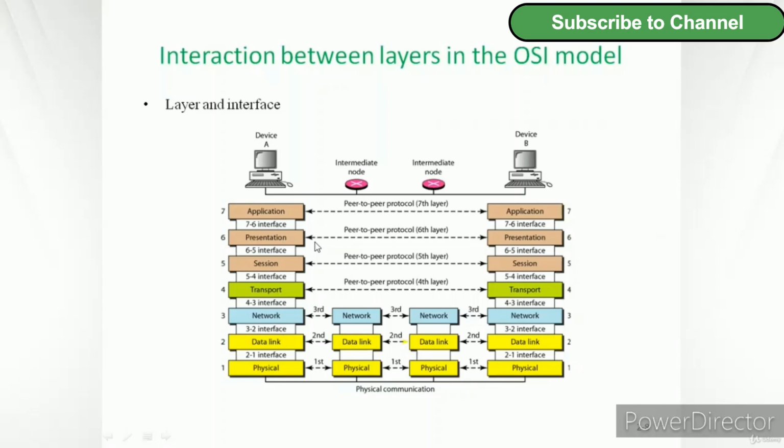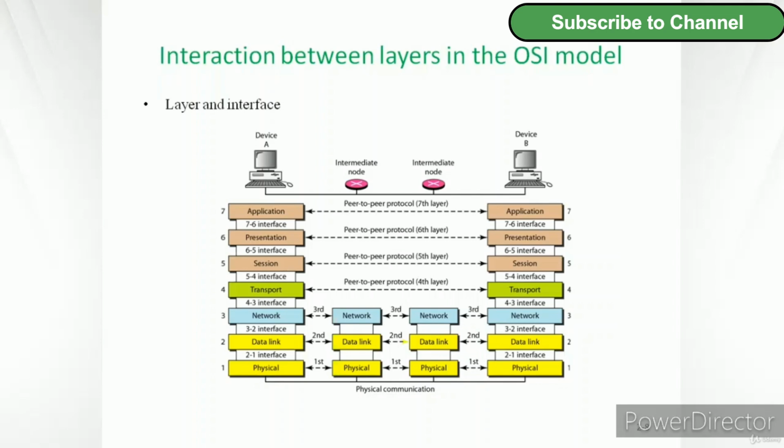Here the network is organized in a series of layers, each one built upon the one below it. Because of the layers, it reduces the design complexity. In a layered protocol, a layer is a service provider and may consist of several service functions. Protocols are the rules that govern network communication.